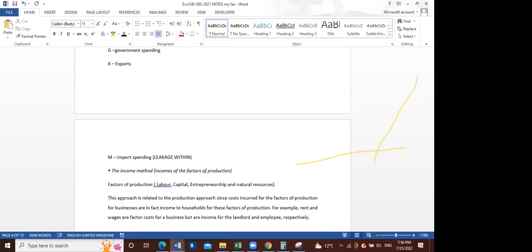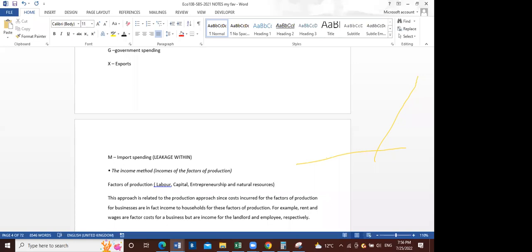All of these are remunerated according to the type of factor of production that has been made available within the market. If a household makes labor available within the market, what do they receive? They receive salaries and wages. If the household lends out their capital, what do they receive? They receive interest.